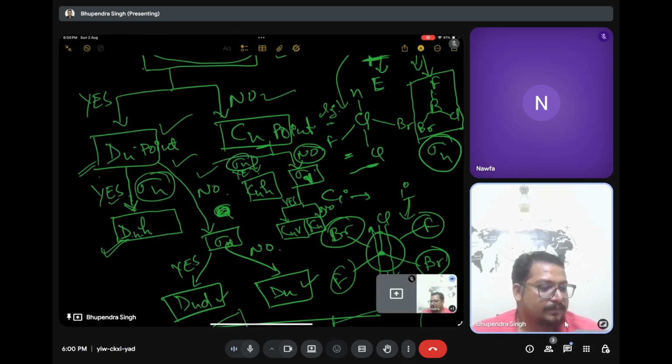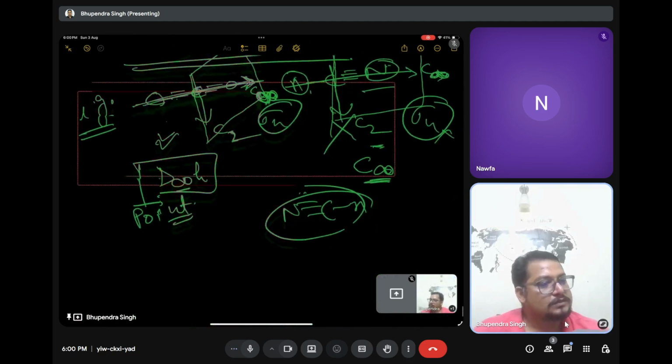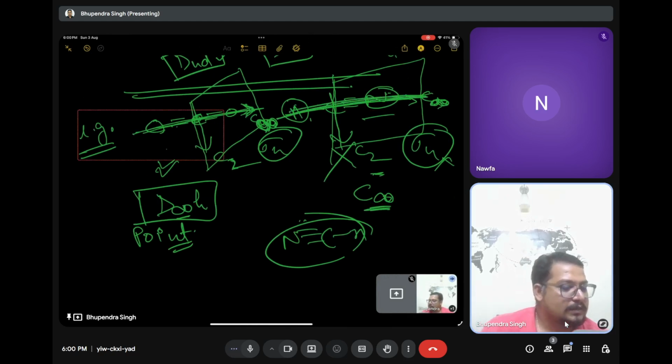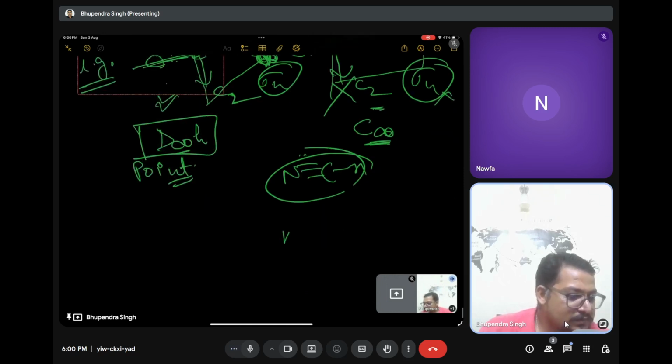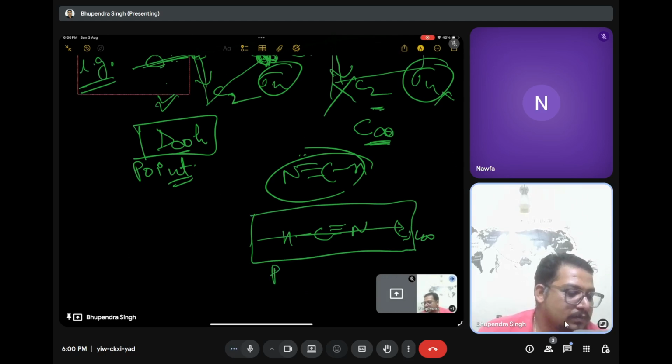Now is sigma v present or not? Sigma v is this plane, which will contain all of this molecule, like this molecule H, C triple bond N. This is your C infinite, and this is your plane also, because this is a planar molecule.